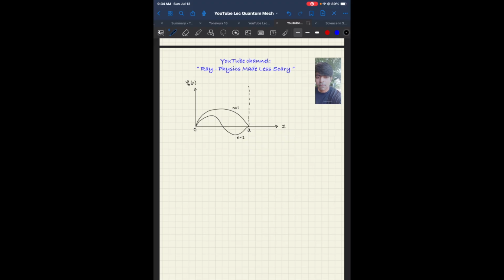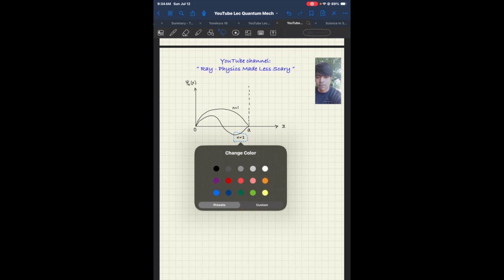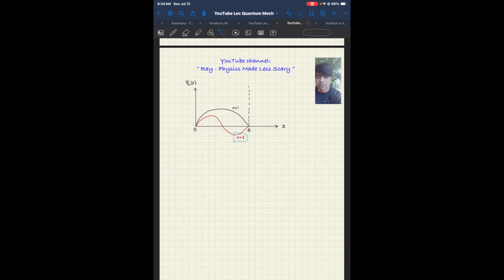Let me color them. For example, for n equal to 3, you would have something like this. This is n equal to 3, and so on and so forth.